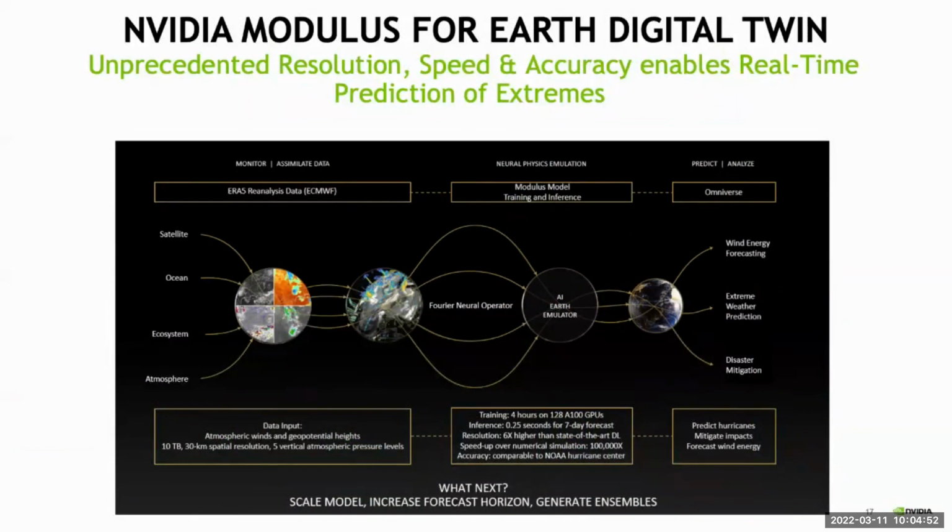Digital twin of the Earth is a grand challenge problem that NVIDIA partners are using Modulus to build a solution for. Some of the early studies involved input consisting of 10 terabytes of ERA5 30-kilometer resolution state-of-the-art Earth system dataset, performance with resolution 6 times higher than state-of-the-art deep learning emulation, and speed that is 100,000 times faster than traditional numerical weather prediction models of comparable skill, and accuracy that is comparable or better than the state-of-the-art NOAA National Hurricane Center forecast for hurricane track and intensity.